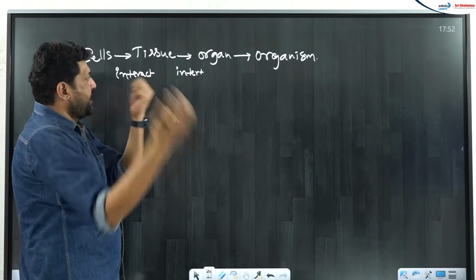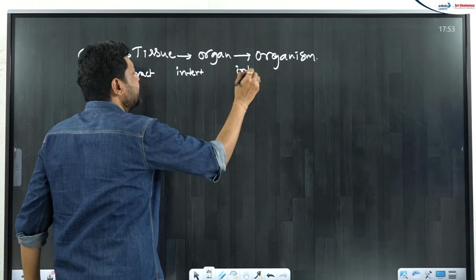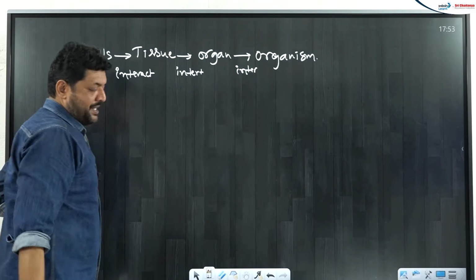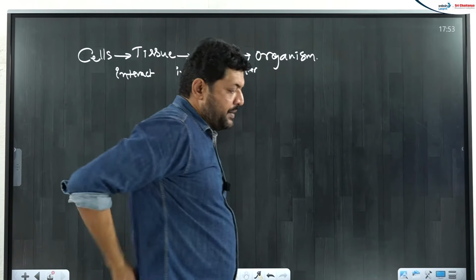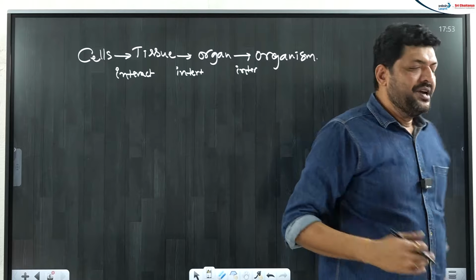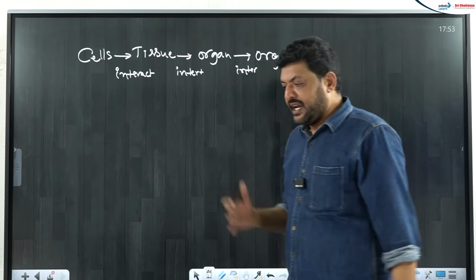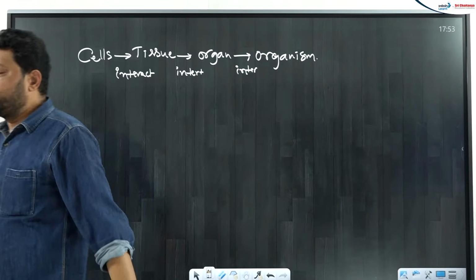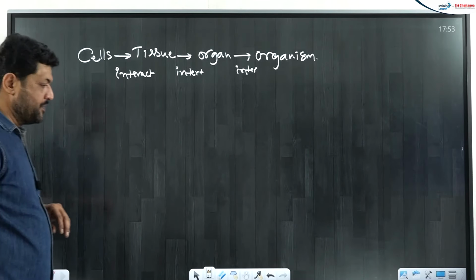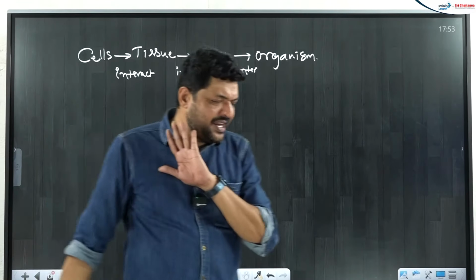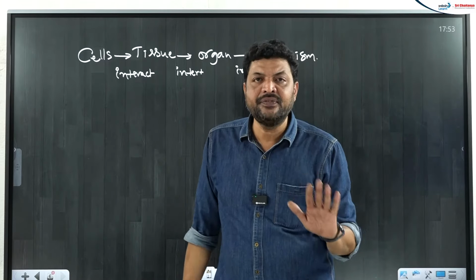All organs interact to perform the function of the organism. Clear? If you have lost one kidney, it can be replaced by another's kidney. If you have lost liver, it can be replaced by another's liver. If you have lost your eyes, it can be replaced by another's eyes. You don't have any kind of change.